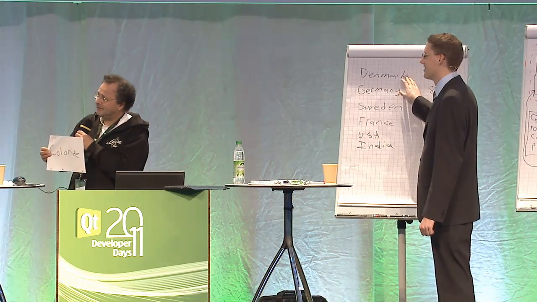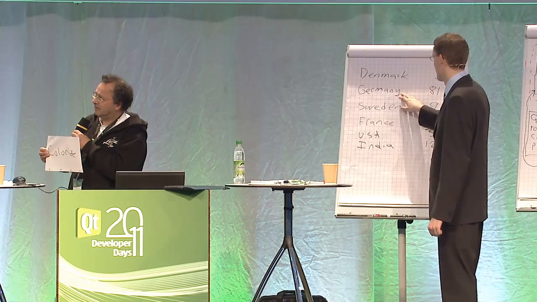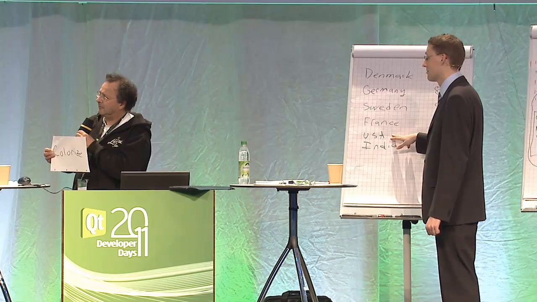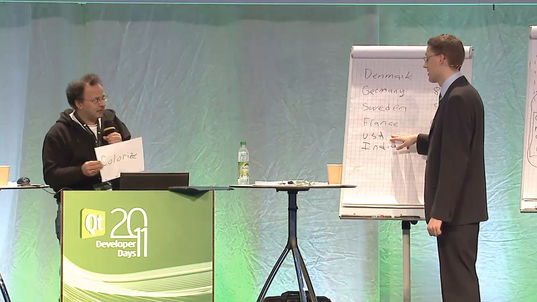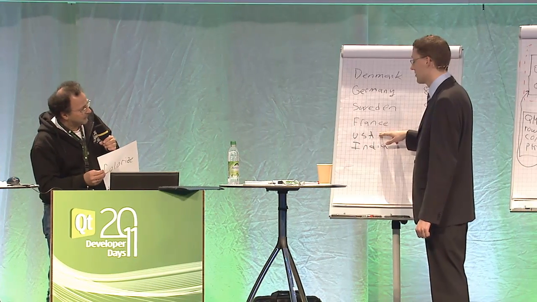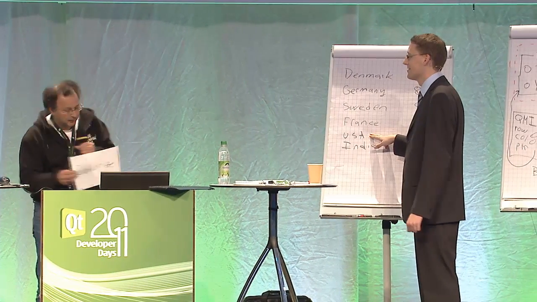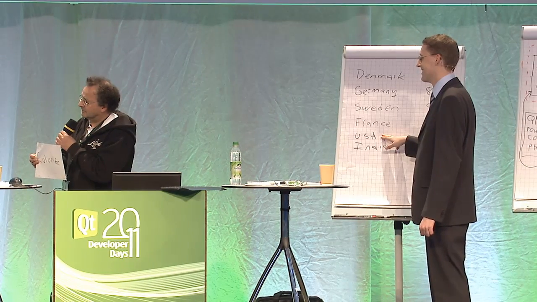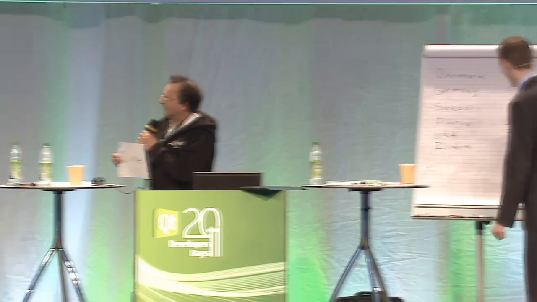Okay, can I get row 5, column 0, the color of column 0, row 5? The color is black. No, it's not. You are a broken model. You're a broken proxy model. I'm sorry. Your chances of getting a job with KDAB is null with that performance, dude.